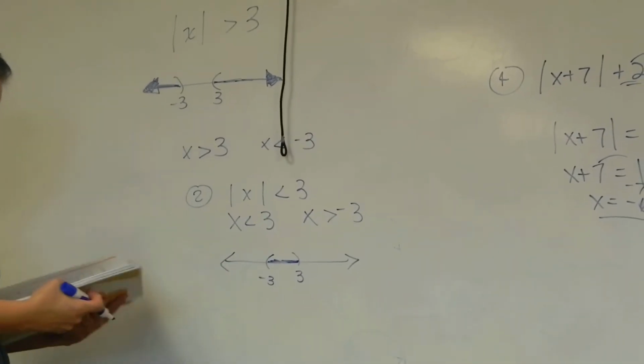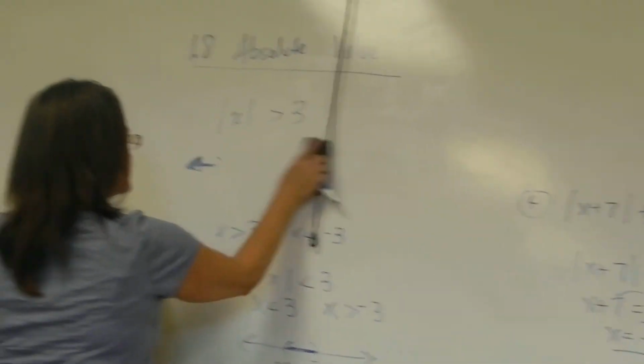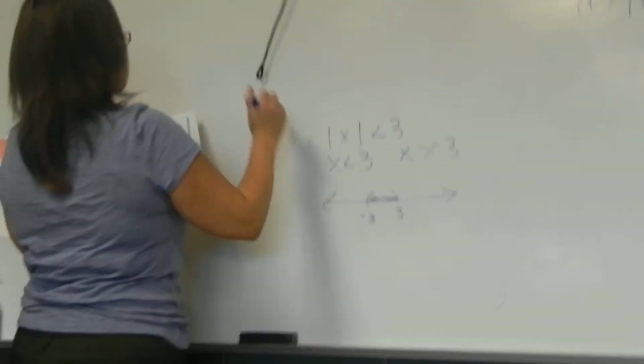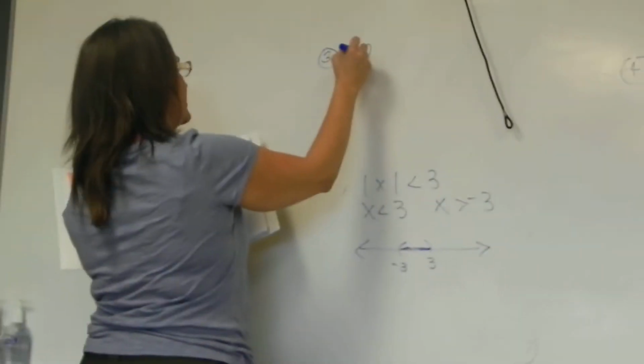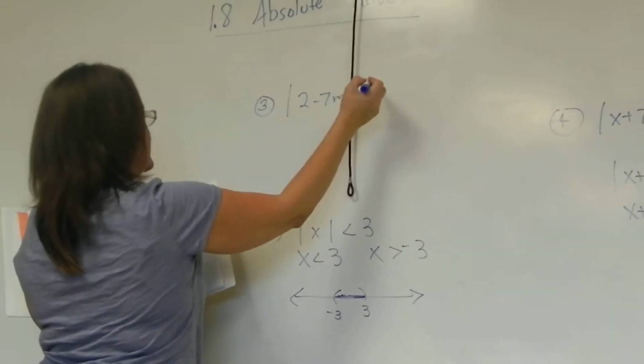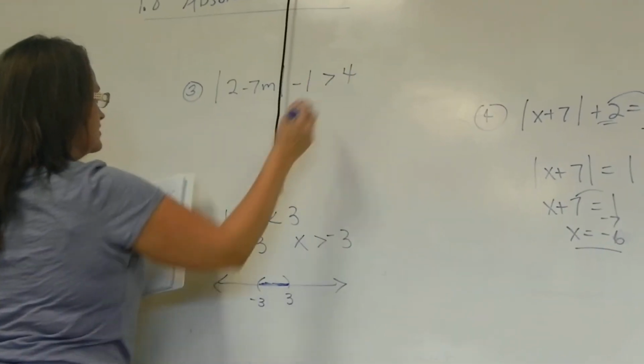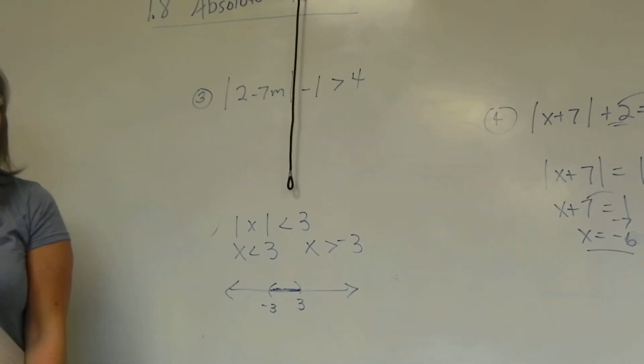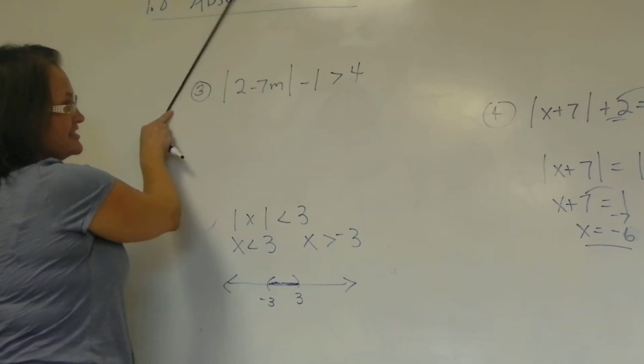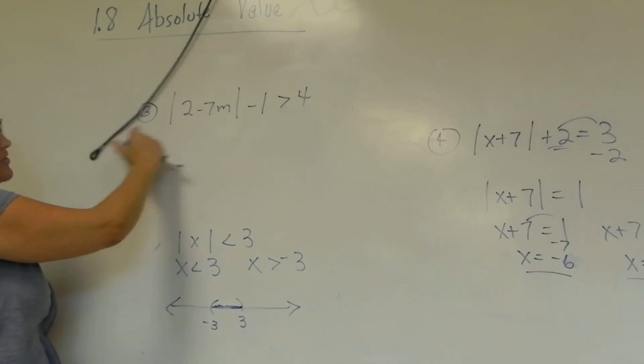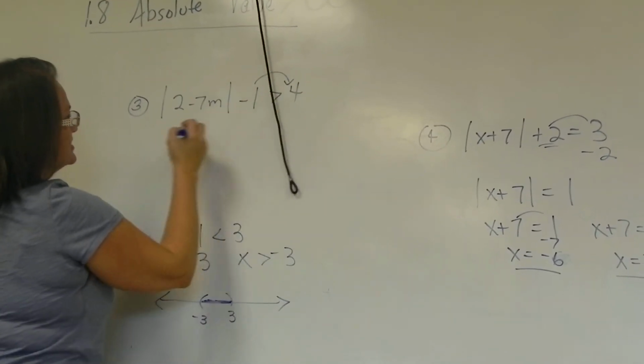Okay, let's try another, number 3. So here's one that I couldn't do in my head. I would need the steps. Remember, step 1 is to isolate it. If necessary, throw that 1 across the line before you make any decisions.